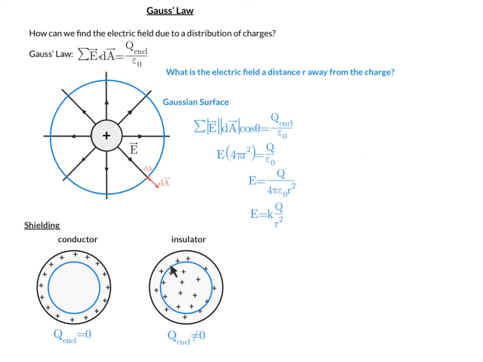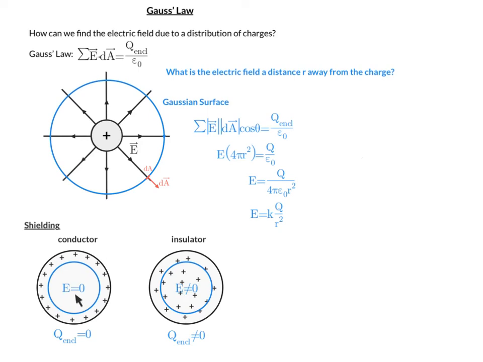Whereas for an insulator, the charges enclosed are not equal to 0 because there are charges throughout this insulator. So then we mean to say that there is a shielding effect in the case of a conductor because all of the charges distribute on the outside and there is no electric field inside the conductor.